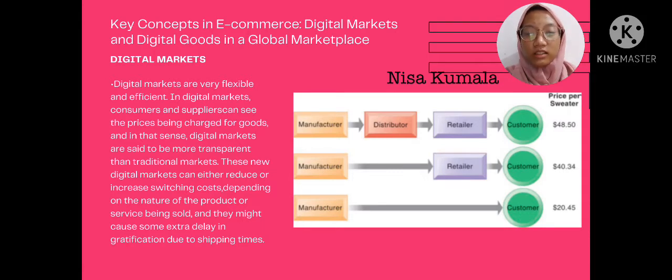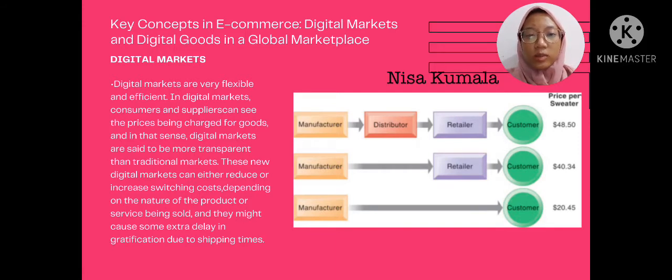In digital markets, customers and suppliers can see the price being charged for goods, and in that sense, digital markets are said to be more transparent than traditional markets. Digital markets are very flexible and efficient, and using big data analytics, some online firms can adjust price at the individual level based on behavioral targeting parameters.